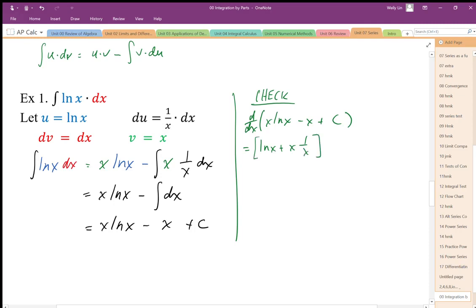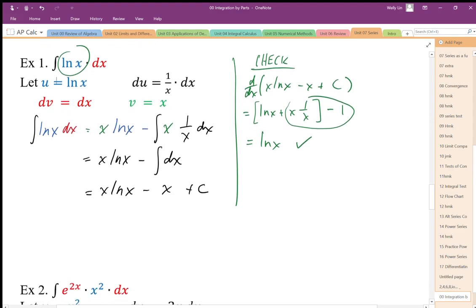There's my product rule. Derivative of x is 1, plus 0. That is a plus 1 minus 1, so I end up with log x. That's what I started with. So perfect. The antiderivative of log x is x log x minus x. That works, and we've checked that it works.